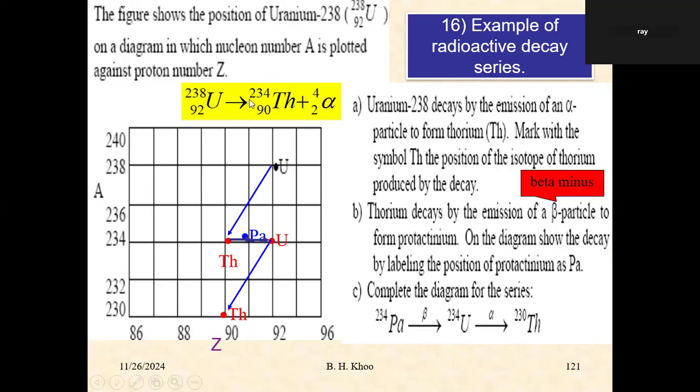Alternatively, you can write out the equation: 90, 234. For beta minus, your A is constant, your Z increases by 1. Okay or not? Okay, I can proceed.